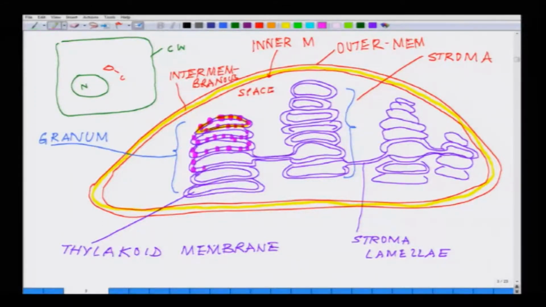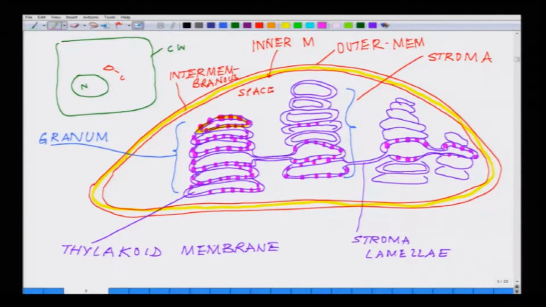Since they are membrane bound, their structural integrity is maintained in the membrane. As soon as you take them out of the membrane, their structural integrity is lost, which is why they are so challenging to crystallize and to understand in exact structural detail. This is where all these molecules are sitting, and we will talk about them one by one as we highlight the whole process of electron transfer along this route.